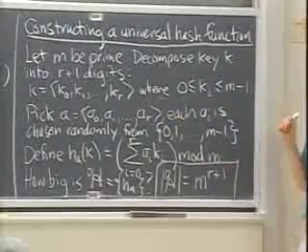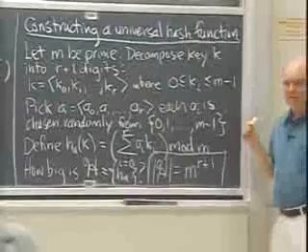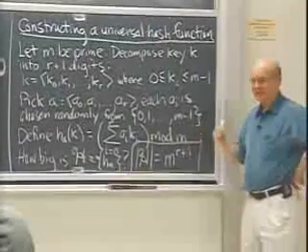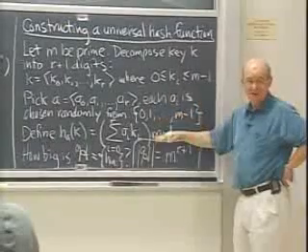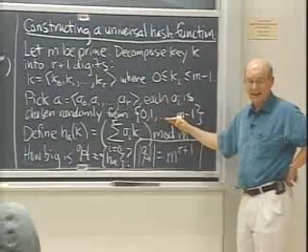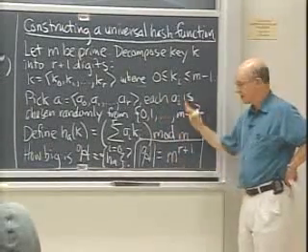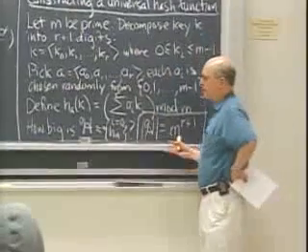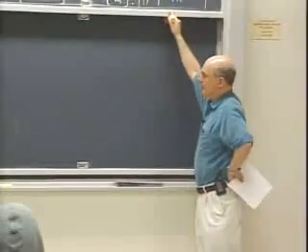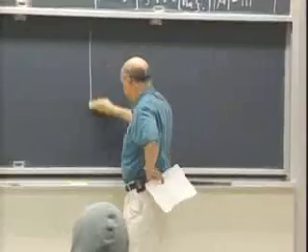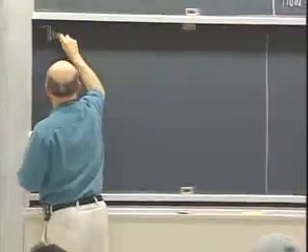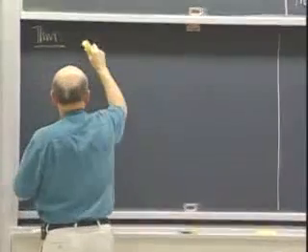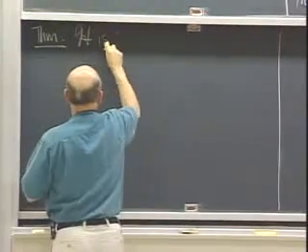If you haven't reviewed your 6042 notes for counting, it's a good idea to go back and review that, because we're doing stuff of that nature. Good. So then the theorem we want to prove is that H is universal.